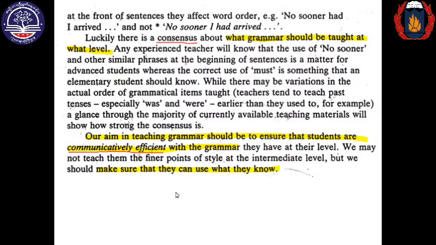That is called register. What are we going to talk about? Are we going to talk about a school lesson, or are we going to talk about a general topic?